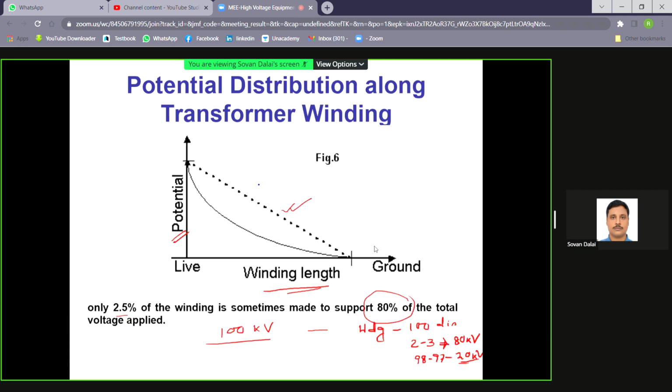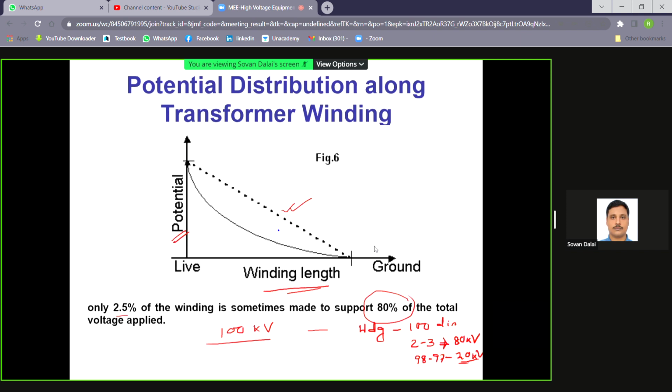So the rest of the winding, though its insulation can withstand a very high voltage, is underutilized. Due to that, the designer always tries to maintain the potential distribution.